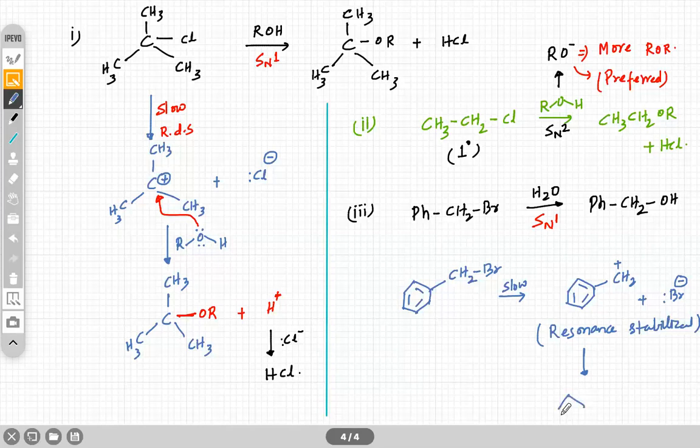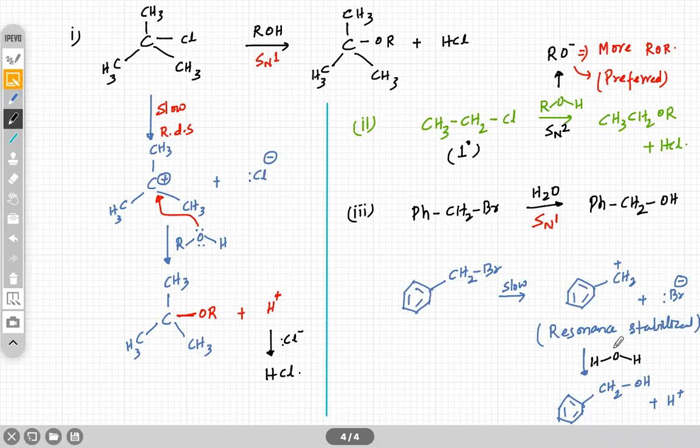H2O will attack on this, and it eventually converts into CH2OH, and H plus goes out. This H plus combines with Br minus and forms HBr. So in the next step we have the attack of the nucleophile, H2O, and it forms this molecule.